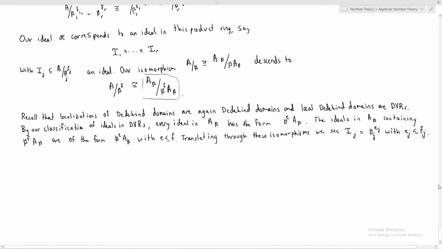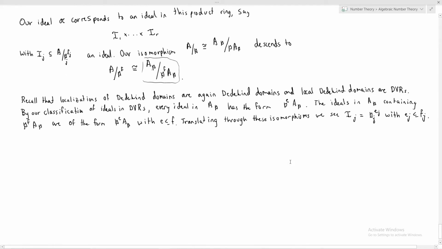Now, once I know this, I can translate through my previous isomorphism. Okay. So, thus, A corresponds to P1 to the E1 through PR to the ER, contained in A mod P1 to the F1 through PS to the FS.